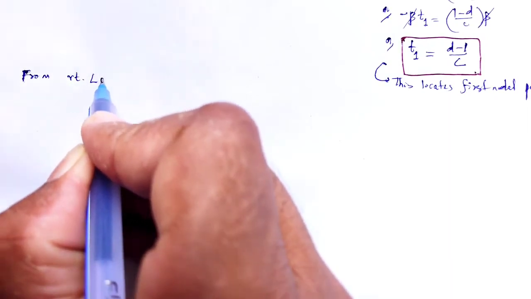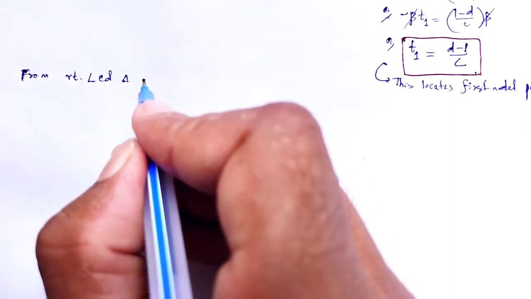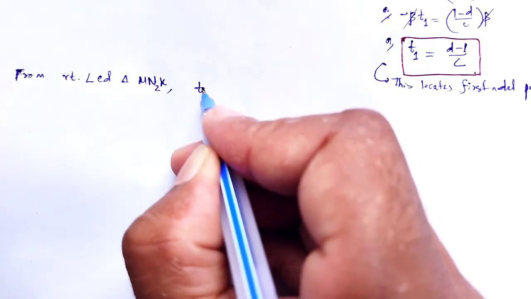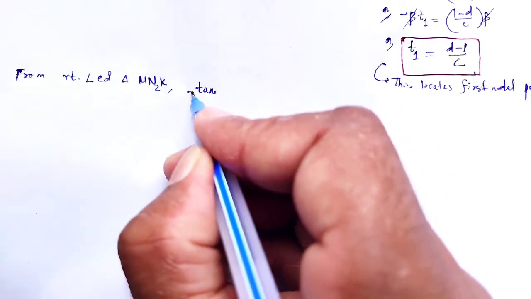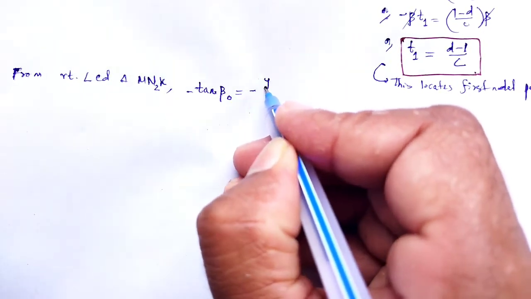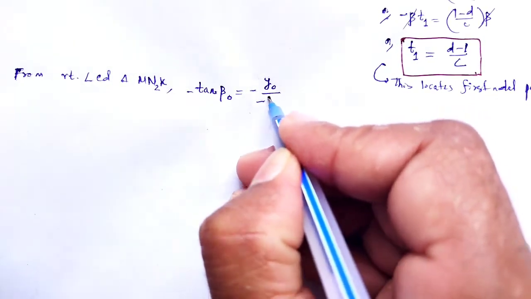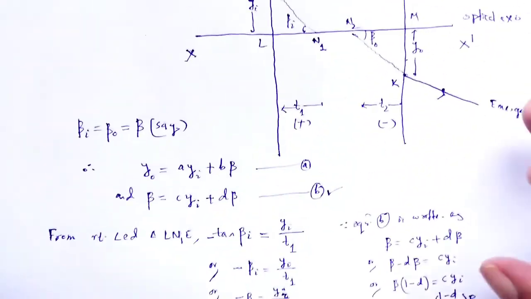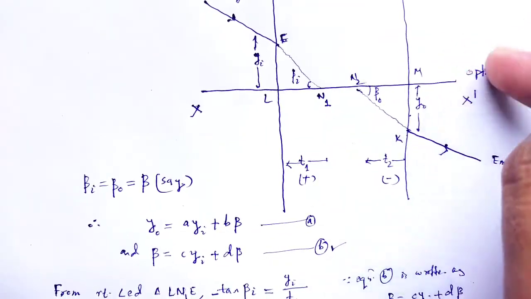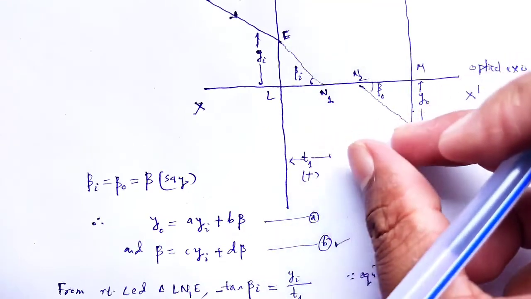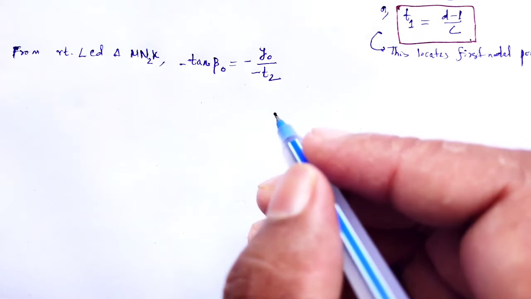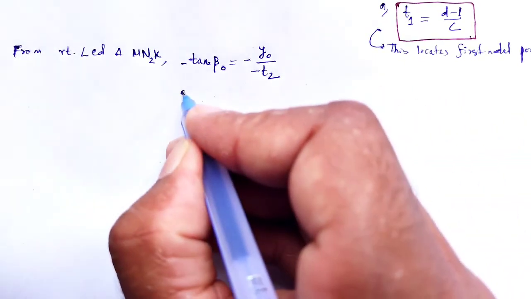From the right angled triangle M N2K, using the angle sign convention, negative tan beta O is equal to minus YO divided by minus T2. That length is negative, below that of the optical axis, and against that of the incident ray is also negative, so negative negative is positive.